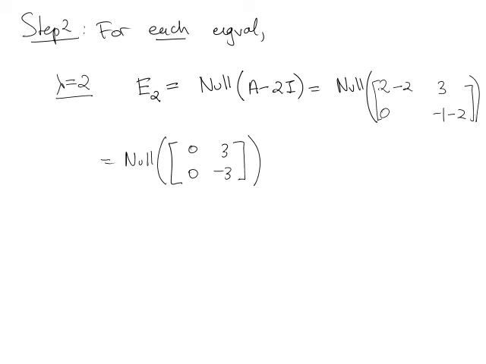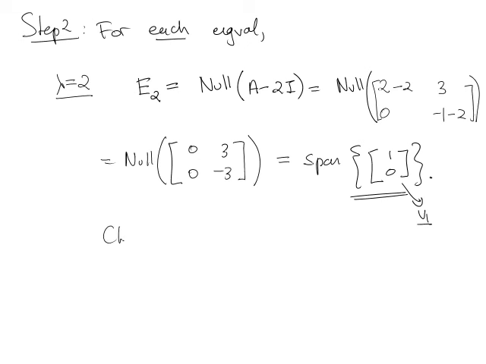And of course, we could do row reduction here, but it's fairly easy to see that the null space of this is just the span of the vector E1. So in particular, this vector, which I'm going to call V1, is an eigenvector corresponding to the eigenvalue 2.